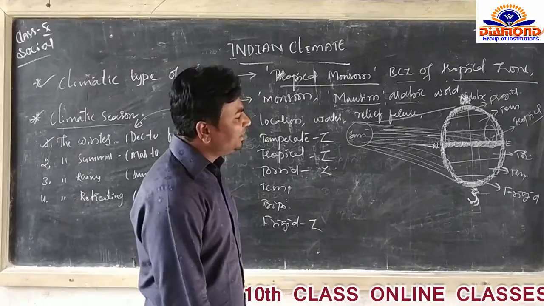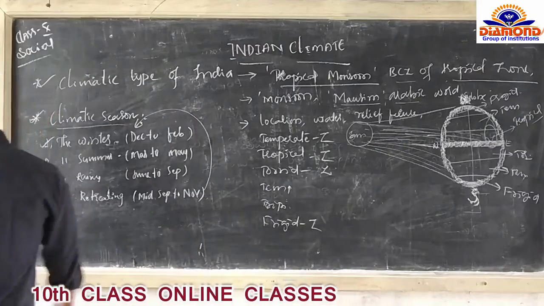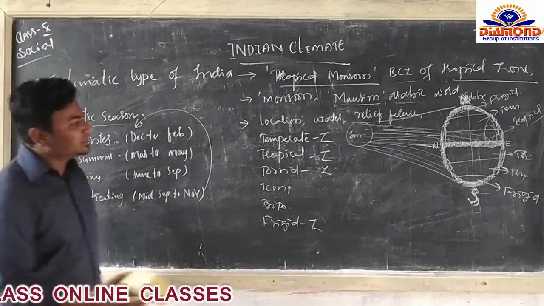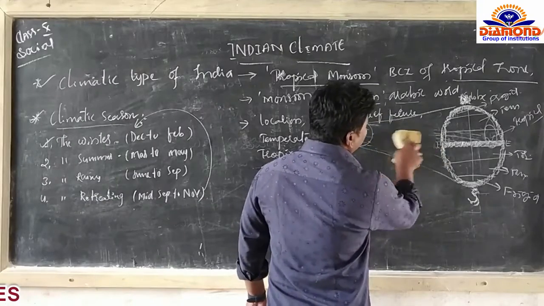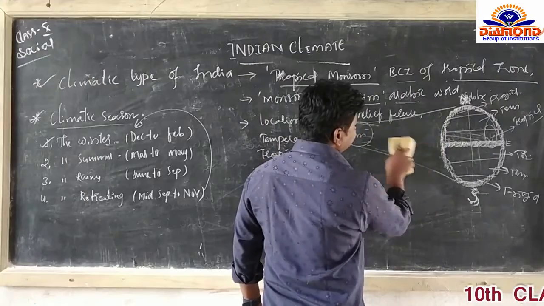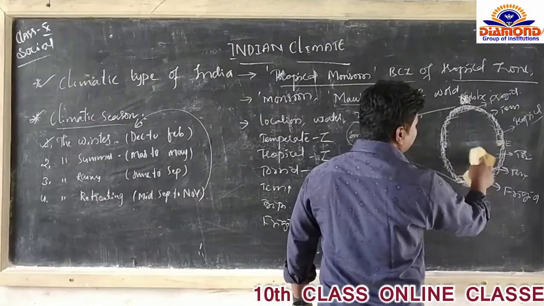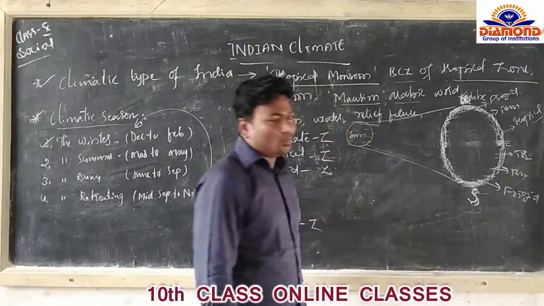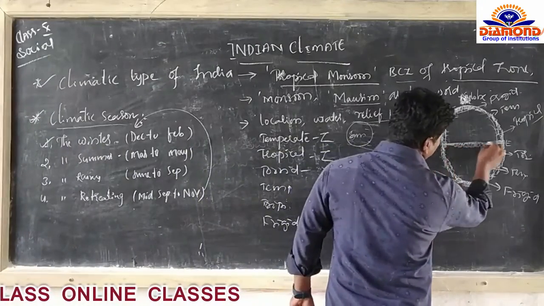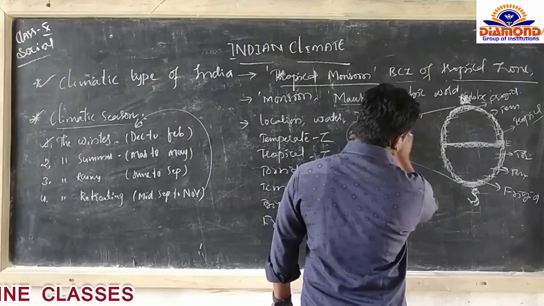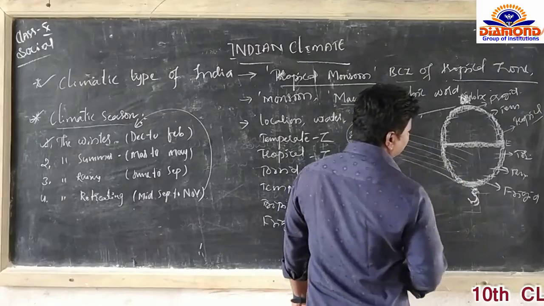During the winter season, the rays of the sun are not directly towards the northern part of the earth. The rays of the sun are turned to the southern part.